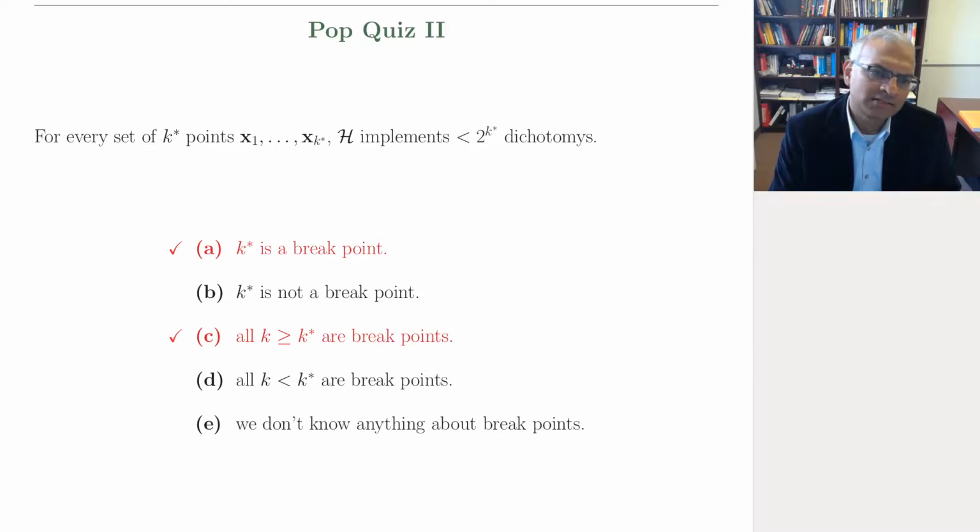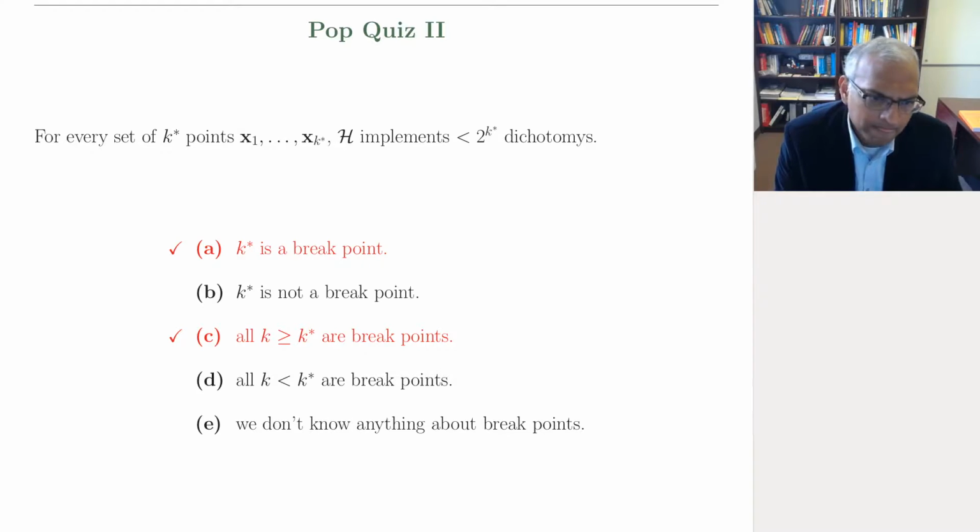If you answered A, k-star is a breakpoint, you know what a breakpoint is. That's the definition of a breakpoint. A breakpoint is a value for the number of data points, in this case k-star, such that you have revealed a deficiency in your hypothesis set, no matter what set of points you choose. So for every set of k points, h cannot shatter that set of k points.